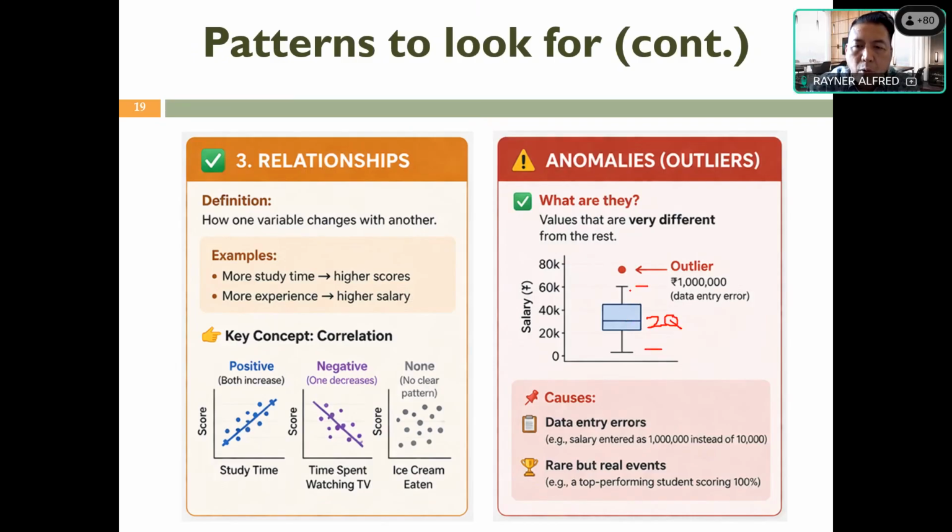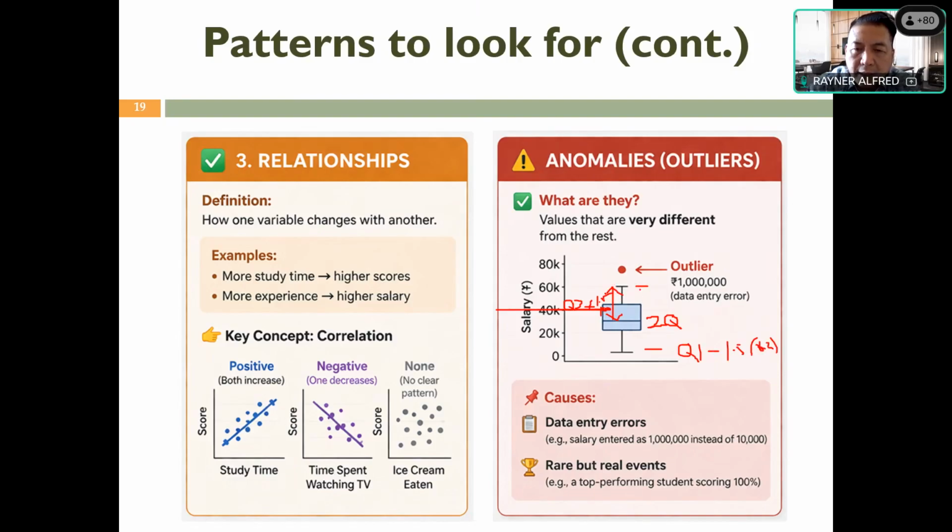Okay. So how do we compute that one? This is the Q3 plus 1.5 times IQR. So this one is Q1 minus 1.5 times IQR.